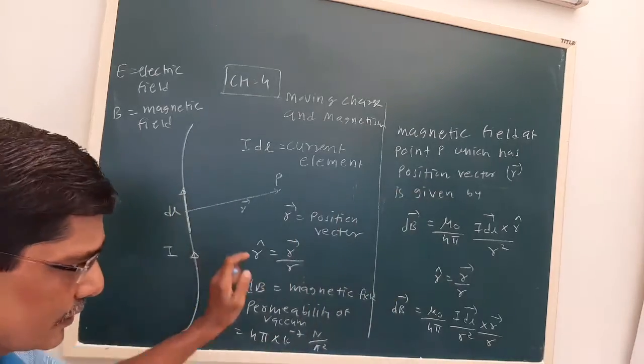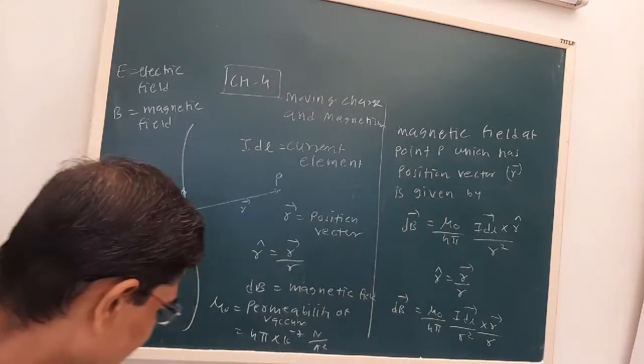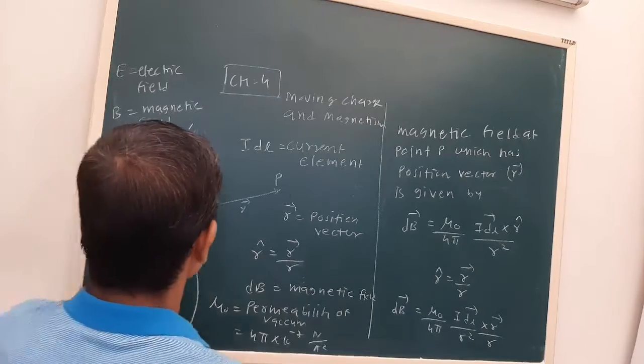Now what we can see in the denominator, R square into R will make R cube.